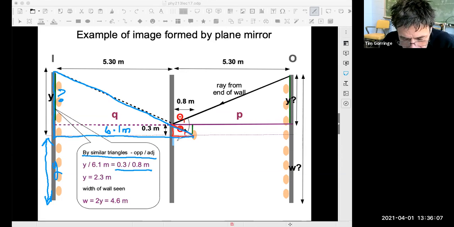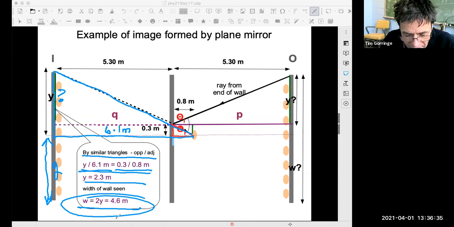For the small triangle, the vertical is 0.3 meters, the horizontal is 0.8 meters. For the big triangle, the vertical is the unknown Y, the horizontal is 6.1 meters. If you look at this, I can solve it for Y. Y is 2.3 meters. And if Y is 2.3 meters, then the width of the wall, or the width of the choir that I can see, is twice that, 4.6 meters.